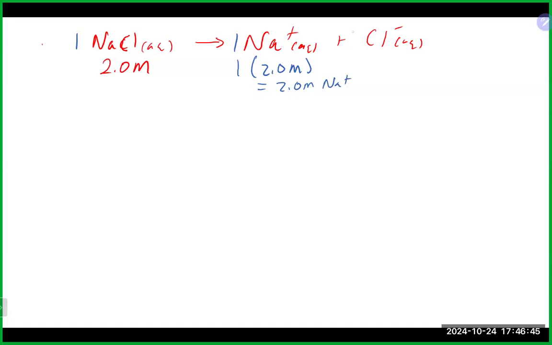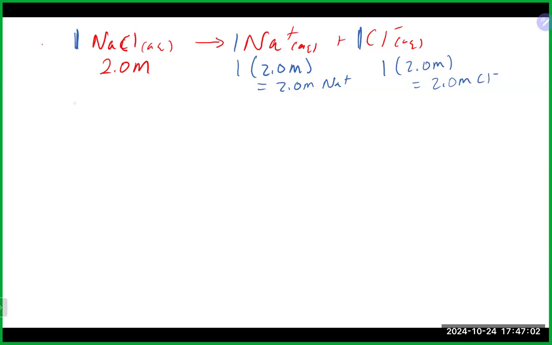Same thing if I looked at the chloride, it's a 1-to-1 relationship between those two, which means if I was interested in just the concentration of the chloride, we would also do 1 times 2 molar, which would give us 2 molar chloride in this case.